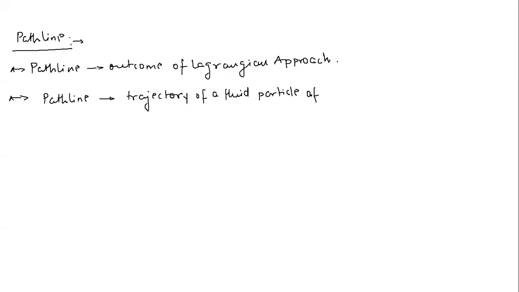When we talk of the Lagrangian approach, we always know that we need to take the identity of that particle. So the trajectory of a fluid particle of fixed identity is called the path line. It's very simple.